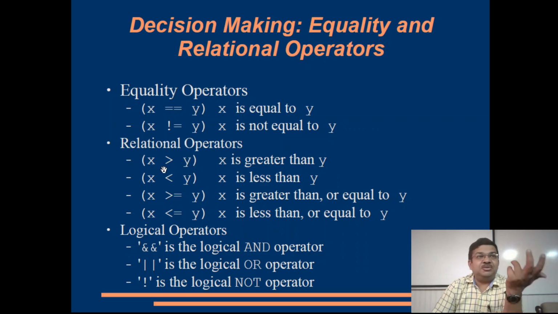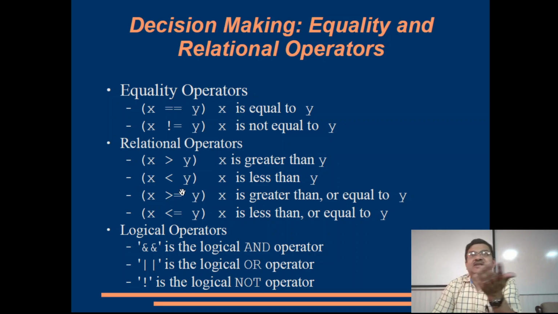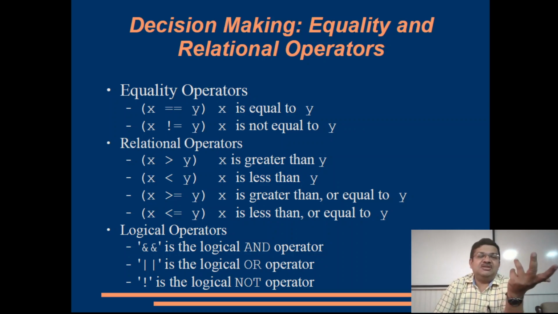That is, you compare whether one number is greater than the other number, or whether one number is smaller than the other number, or whether one number is greater than or equal to the other number, or less than or equal to the other number, right? So those are four relational operators. Then you can combine these various operators using logical operators.